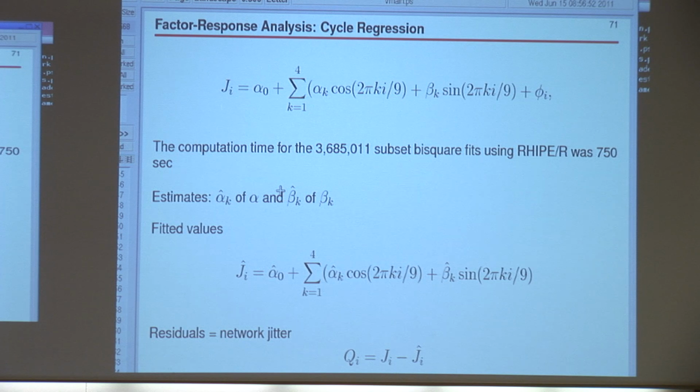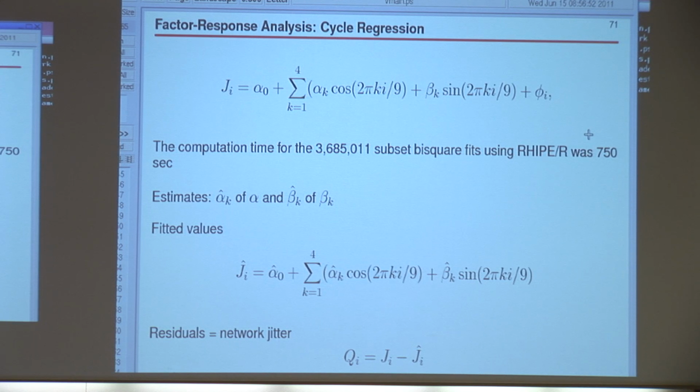So we fitted the 3.6 million robust regressions to these intervals, and computed residuals. Or actually, no, that's just the fit itself. I have a time here of 750. That doesn't include computing the residuals, or does it? I've forgotten. Well, it doesn't matter. Yeah, it's the whole thing.